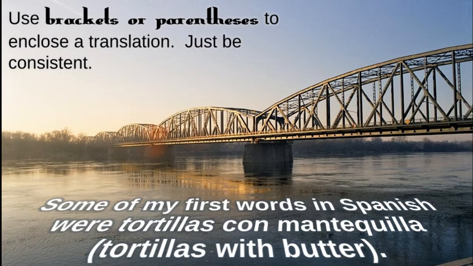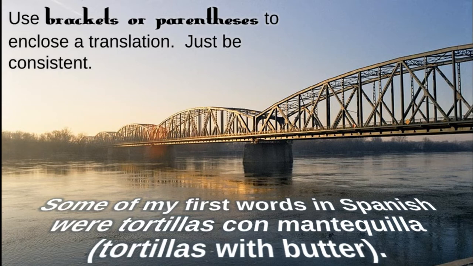All right, brackets or parentheses to enclose a translation, just be consistent. So if you are writing in English and then you put words in another language in there, one of the ways you can do it is with brackets or parentheses. You can also do it with commas. By this point, we've probably already read Papi Huero, the emblematic essay, and we saw Ruben do that in a number of different ways, and a number of other writers too.